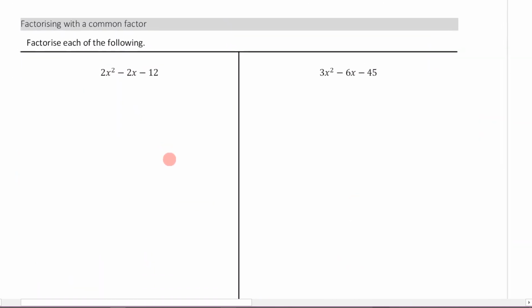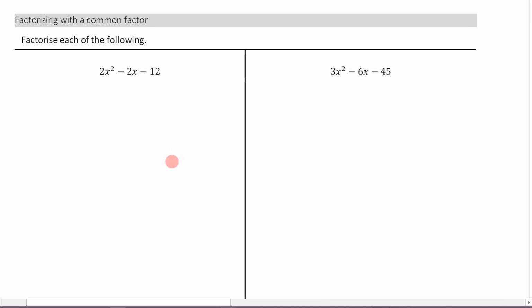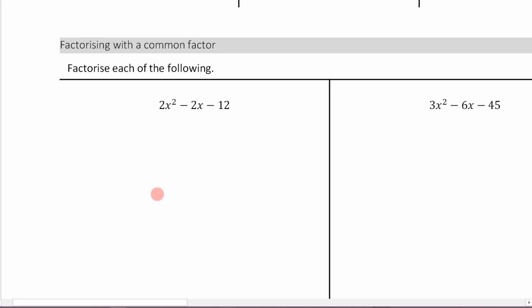Okay. So it's really important when you're factorizing that the first thing you should always look out for is whether you can pull something out of the whole thing first. What I mean by that is, can you factorize out a common factor from all of these? So here I have 2x squared minus 2x minus 12. First, take out 2.